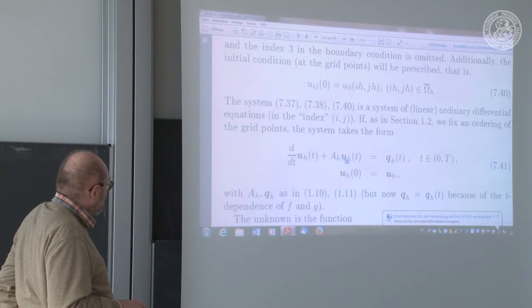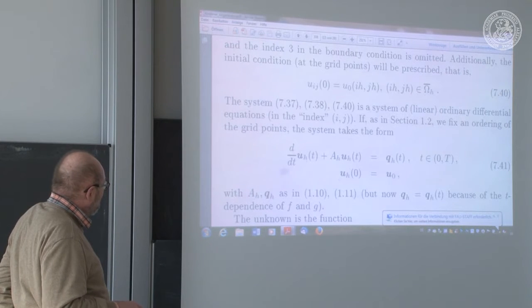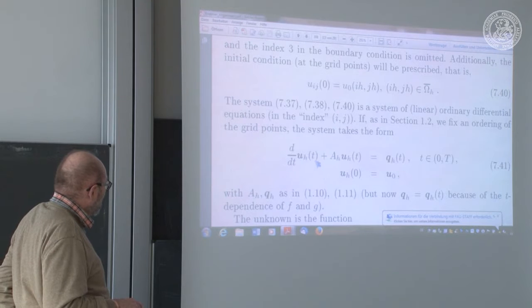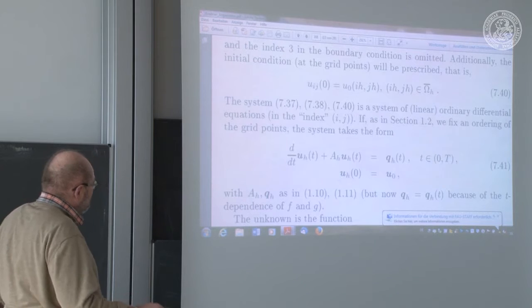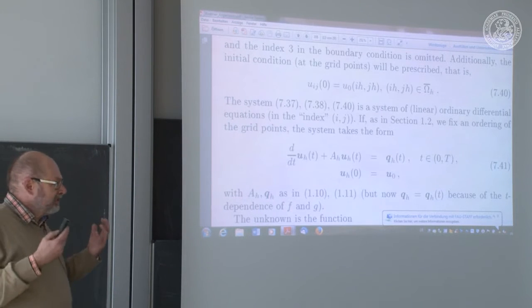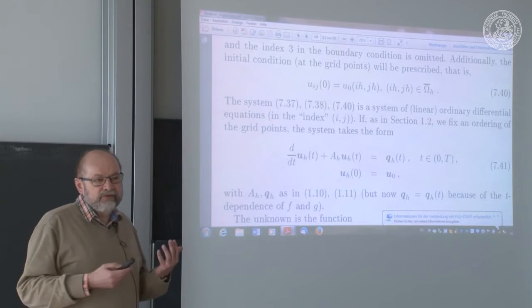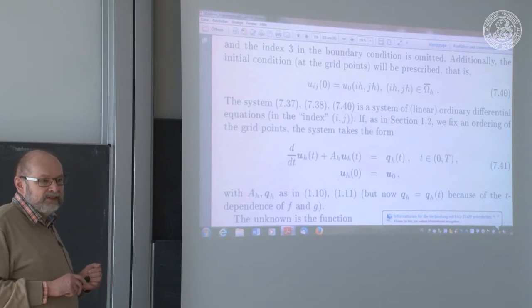And the difference now is our problem does not read AH, UH equals QH, but it's now this system of ordinary differential equations. And as we started with a linear problem, and as we did discretizations which preserved linearity, which seems quite reasonable.